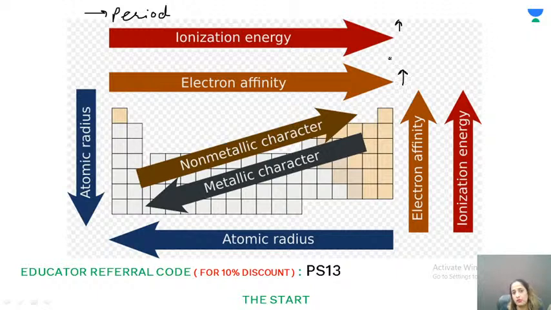And as we go down the group, our radius increases. So these are the trends in the periodic table that we have just covered.